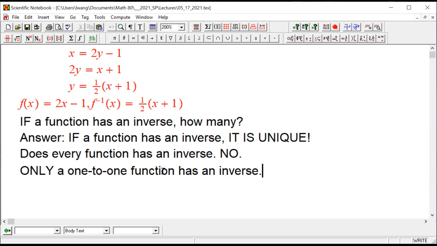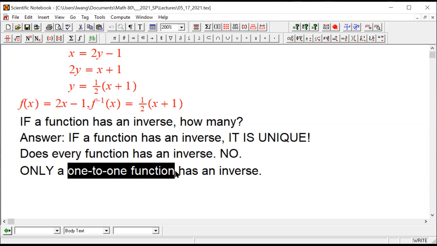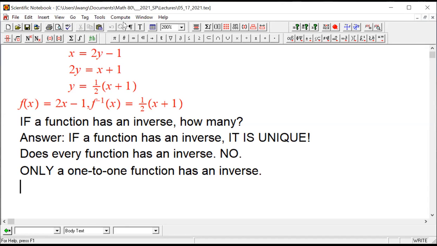Then you ask, what is a one-to-one function? I think we talked about this concept before, right? Did we talk about this concept before? What is a one-to-one function? How do we identify a one-to-one function?